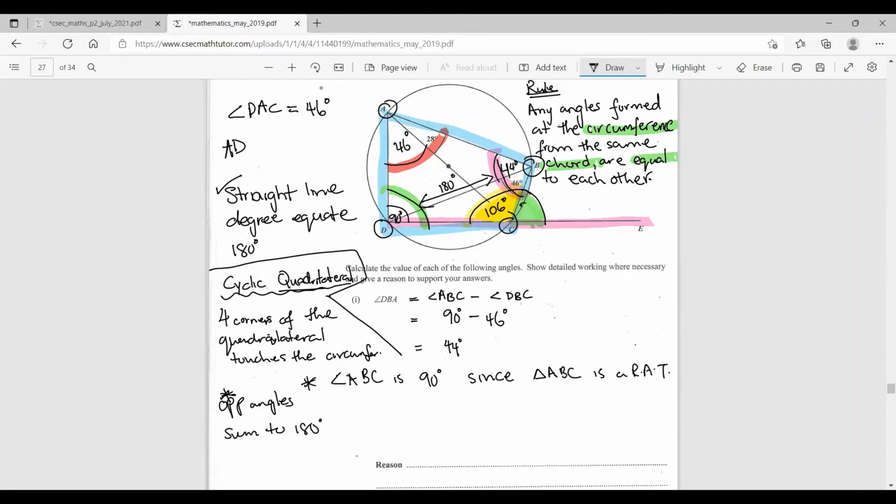74. 74 degrees. So what we realize is that there's a 74 here, and this is a 74 as well. This is also a rule that tells us the exterior angle is equal to the interior opposite angle.